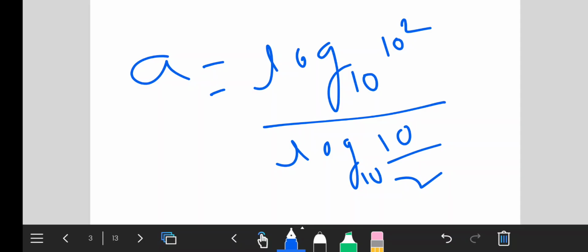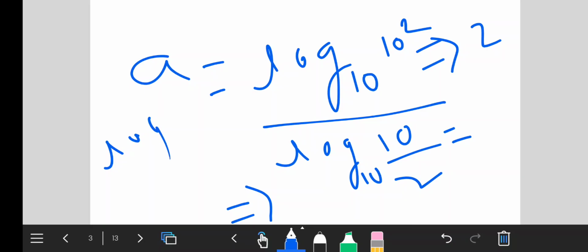So friends, the numerator becomes 2, and according to the laws of logarithm, log of a divided by b can be written as log of a minus log of b. So the denominator can be written as log of 10 minus log of 2. Log of 10 is nothing but 1 because the base is 10.